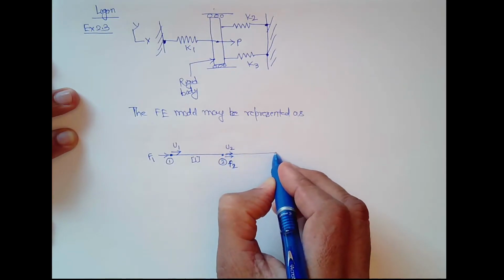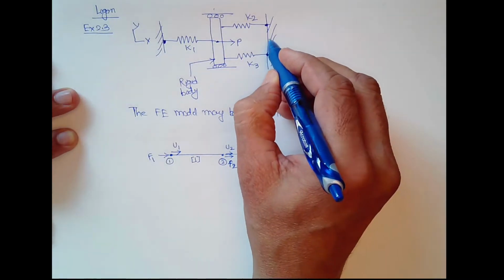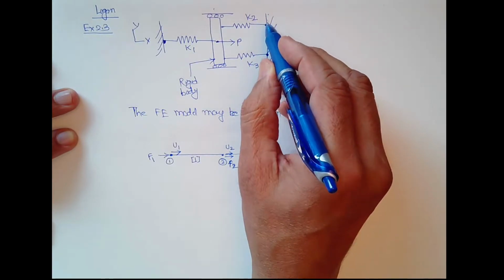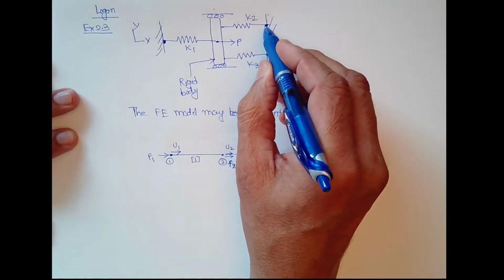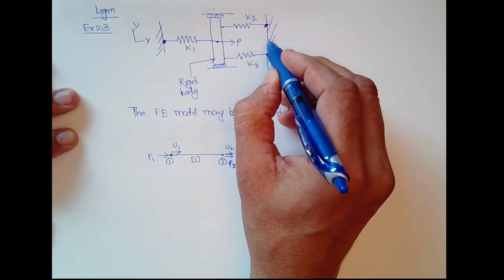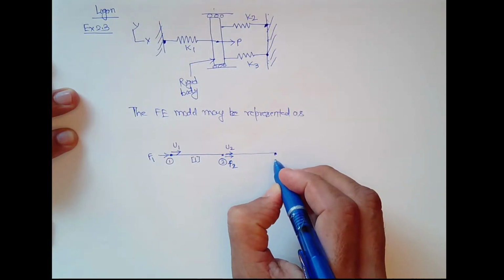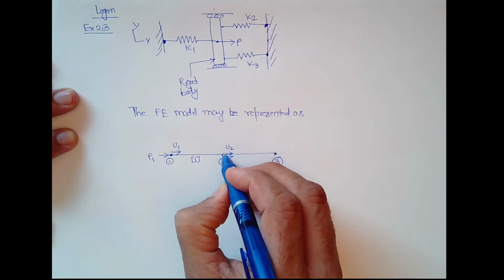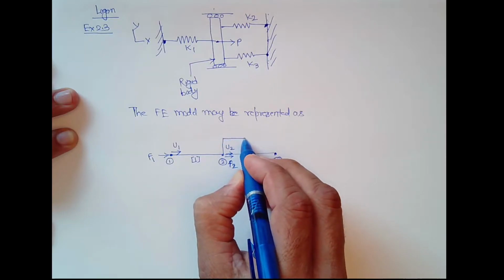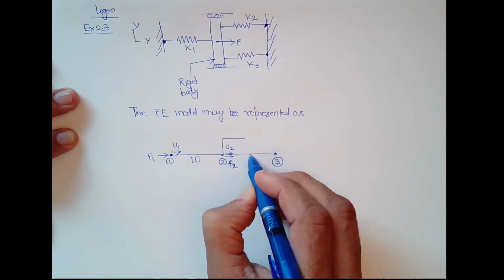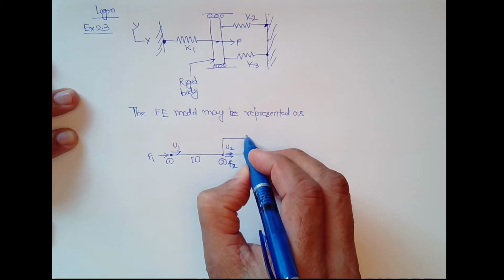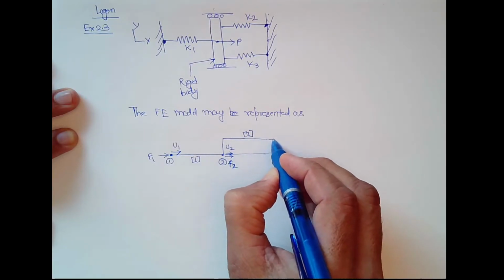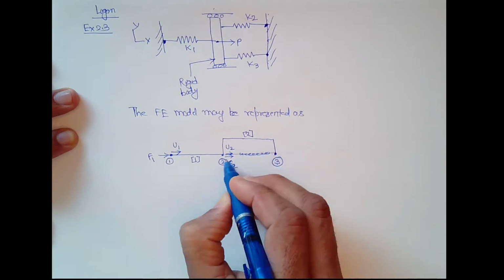Now there is another point here. These are the fixed points, so this point can be taken as node 3. Element 2 is connected here, and there is no element elsewhere.